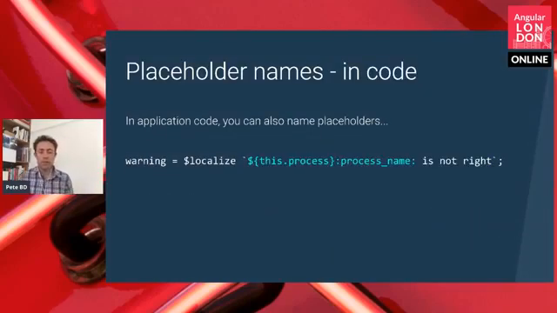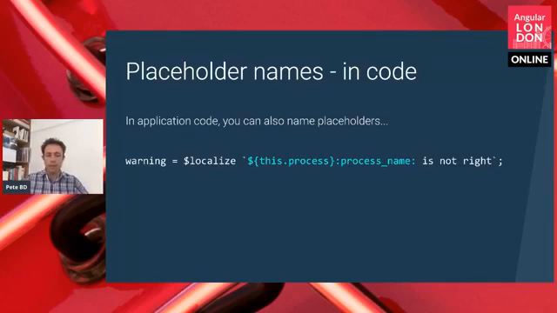You can actually use this concept of naming your interpolation blocks yourself. In this case, I've named my first interpolation as process_name. It doesn't have a huge benefit in the actual code, because this is not going to be processed by the Ivy runtime.